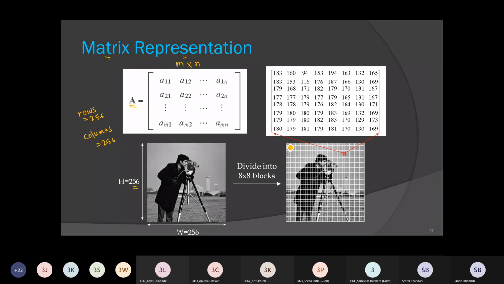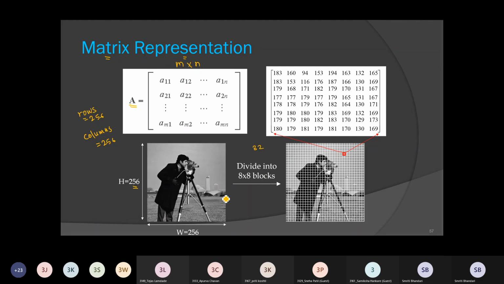My image is of size 256 by 256. If I divide 256 by 8, I get 32. So I'll have 32 blocks horizontally and 32 blocks vertically.